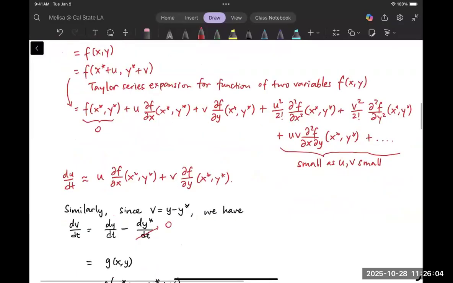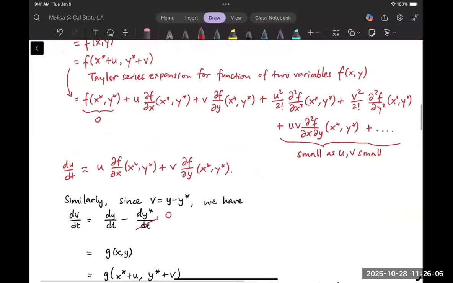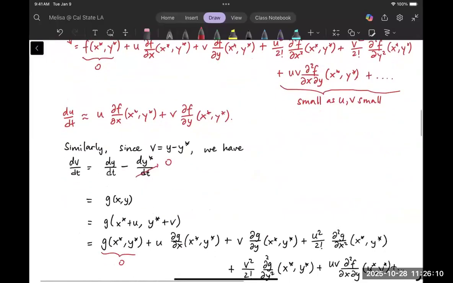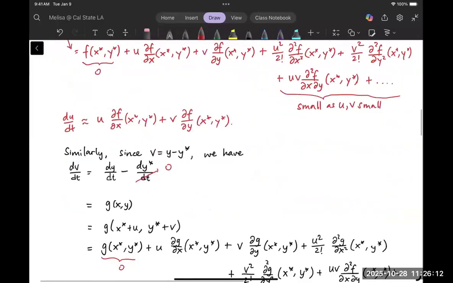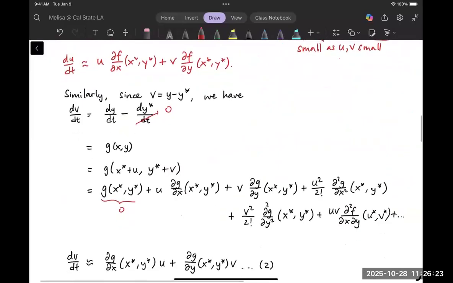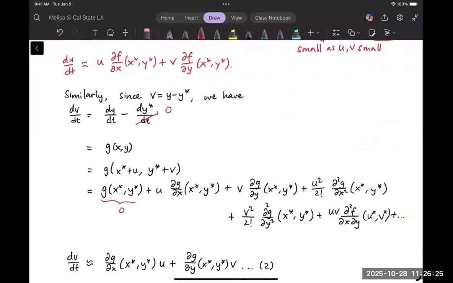Okay, all right. So now we're going to look at dphi dt, and the work is pretty much similar to the one I just showed you, but this time you take the derivative of phi with respect to t, and you use the equation phi equals y minus y star. Everything else is the same. dy star dt is equal to 0 because y star is constant.